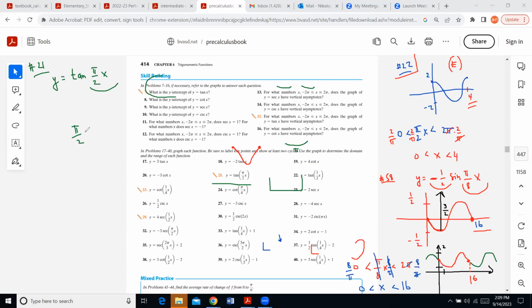So I just need to put this argument of the function tangent in between not 0 and pi, but negative pi over 2 and positive pi over 2.